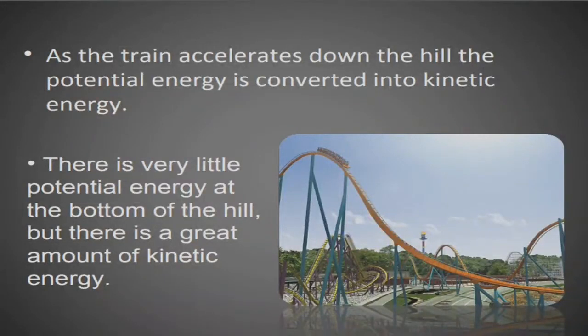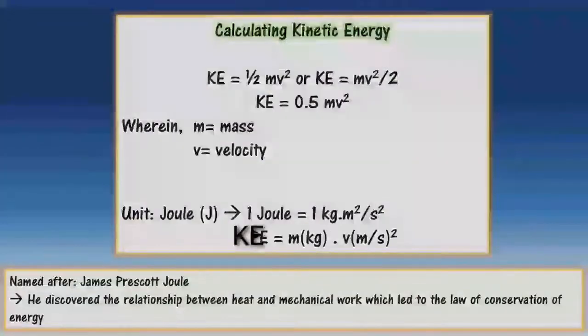As the train accelerates down the hill, the potential energy is converted into kinetic energy. There is a very little potential energy at the bottom of the hill, but there is a great amount of kinetic energy. We can also calculate the kinetic energy using this formula.